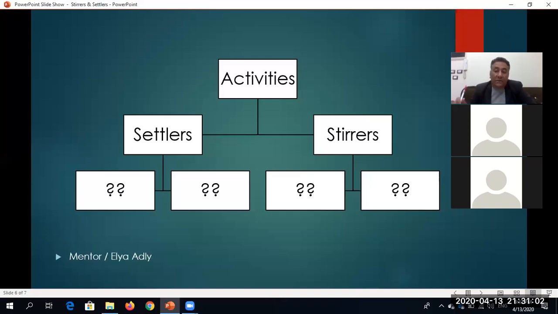Would a student use a puzzle game as a settler as well? Yes. Settlers or stirrers? We can make it a settler. Would the teacher make it a stirrer? What about if the teacher makes the puzzle activity in groups, not individually?